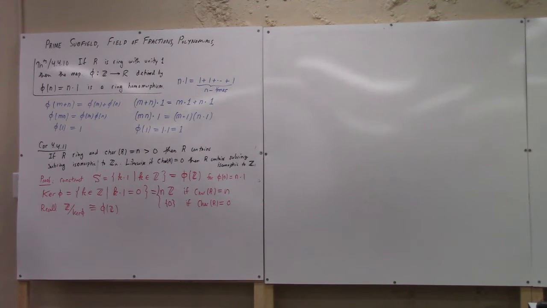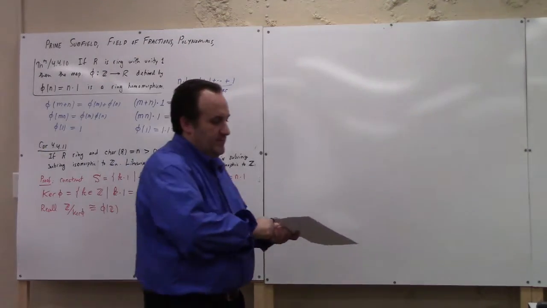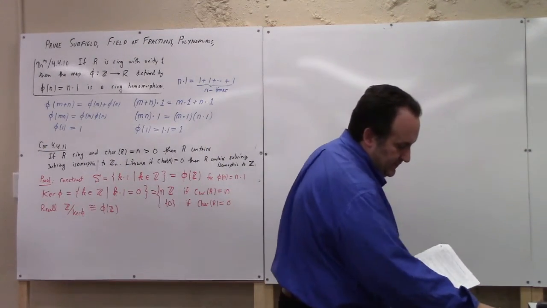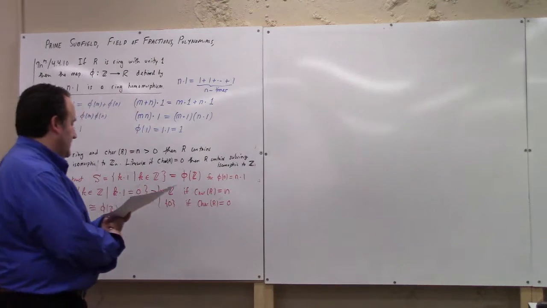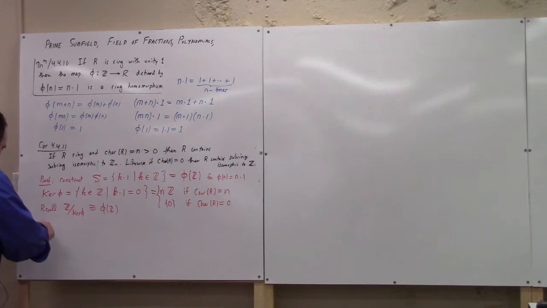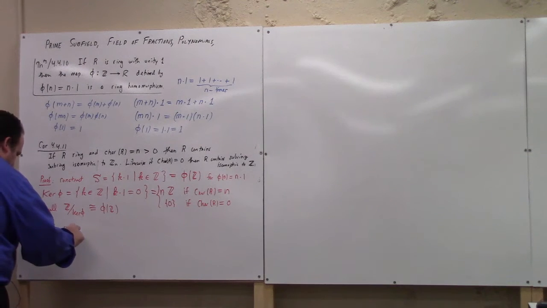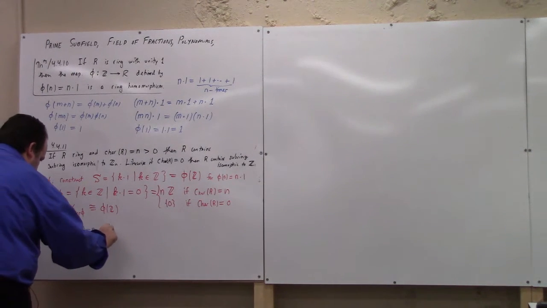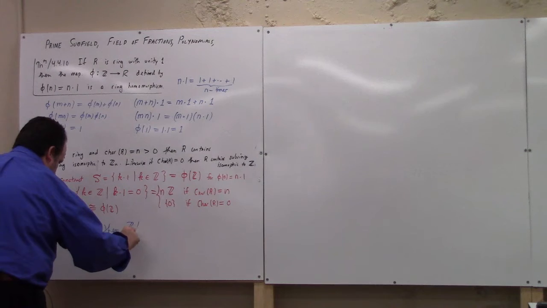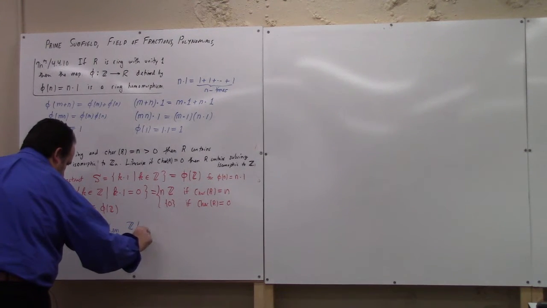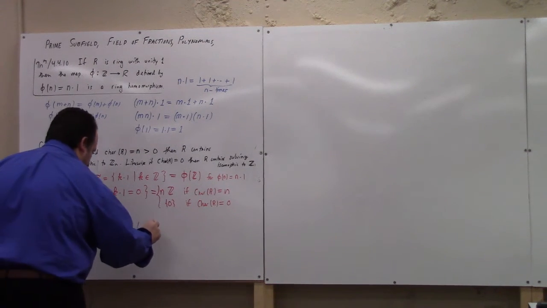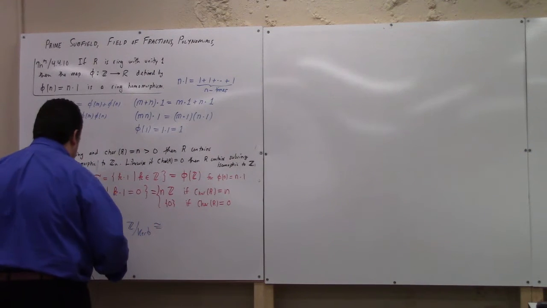First isomorphism theorem for rings. There are two cases. If the characteristic of R is equal to n, then Z mod the kernel of phi is isomorphic to what?